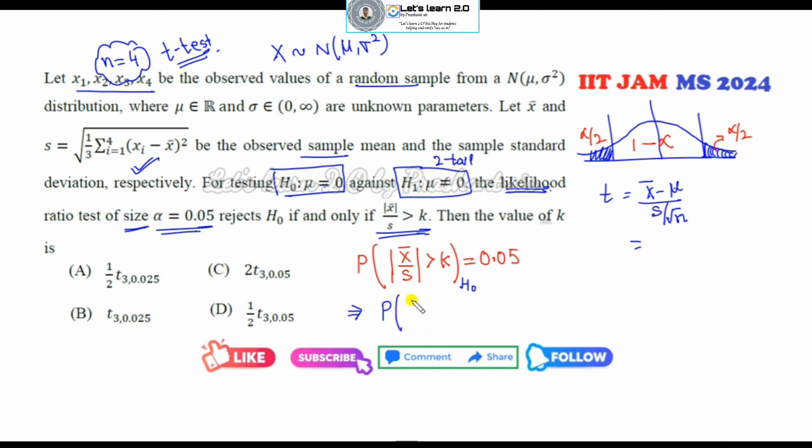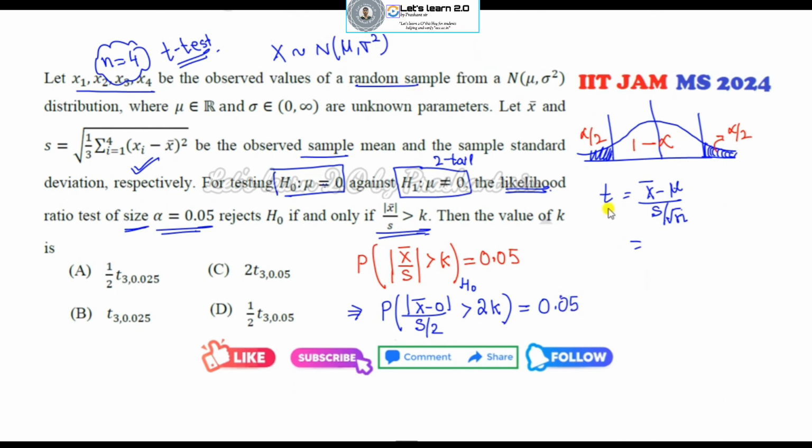I can write this as X bar minus 0, and S I can divide by root n. n is 4, so I divide by 2. It means |t| is greater than 2k, because I divided by 2, I have to multiply by 2 the same. So this number will be 0.5.